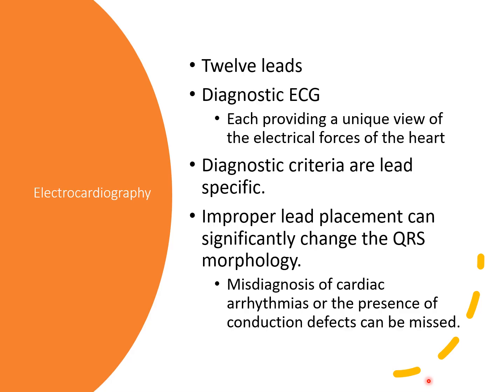So lead placement is very important to get a correct and appropriate picture of what's going on with the electrical activity. Because cardiac arrhythmias or conduction defects can either be diagnosed when they're not really there or can be missed if we don't place those leads correctly.